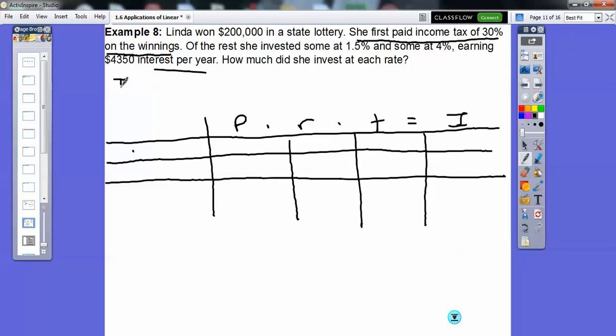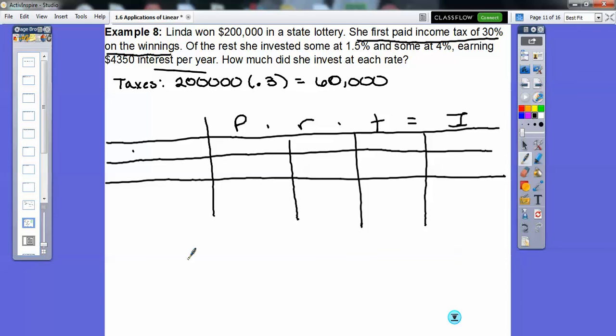Okay, so to find out the taxes, you have your amount she won. If you take it times 0.3 for 30%, how much did she pay in taxes? 60. Okay, so the government is going to take $60,000.